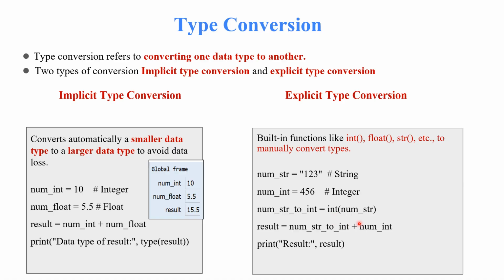Now my integer is 123. After which I perform an addition of 456 and 123 and print the result. You can see that adding 456 and 123 gives me a value of 579. This is explicit type conversion, using the functions to convert to a specific data type.